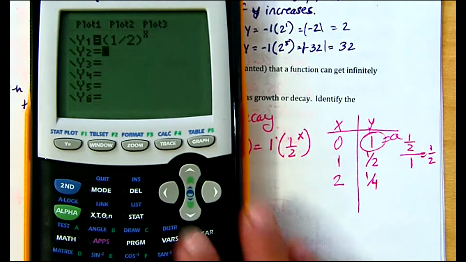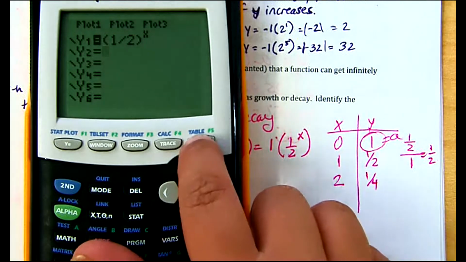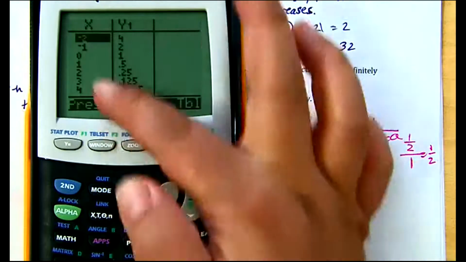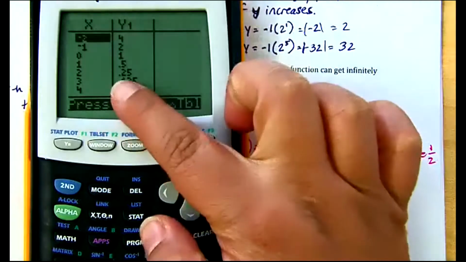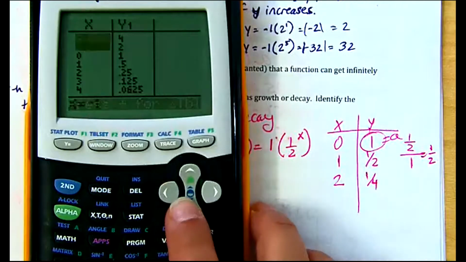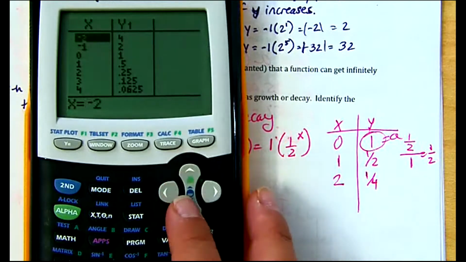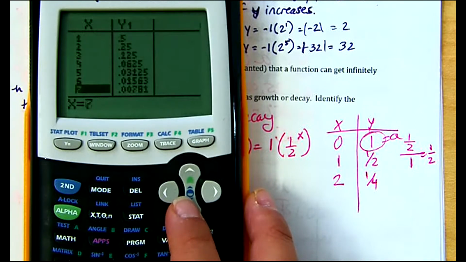As a function, I can do second graph, but instead of graphing, it gives me the table here. Look at my numbers as my x is increasing. On the negative side of x, I'm up high, and then as I go, my numbers are getting smaller and smaller.